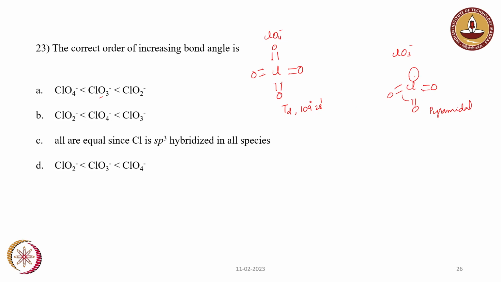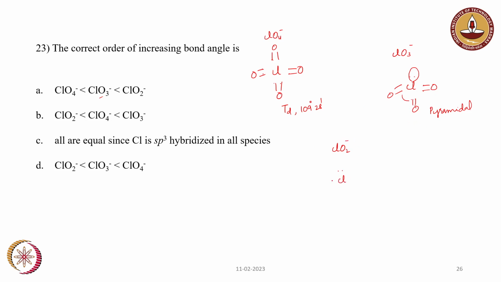So the molecule will try to minimize that repulsion by forming a closer bond angle of OClO. So this is less than 109, and next one is ClO2 minus.